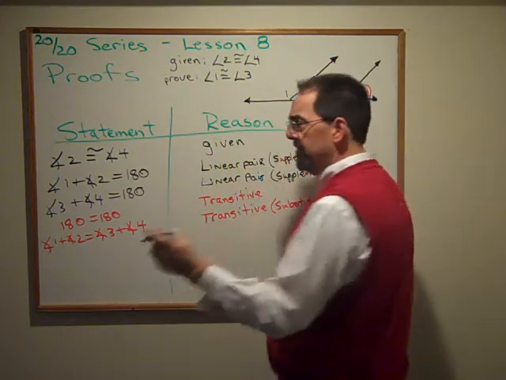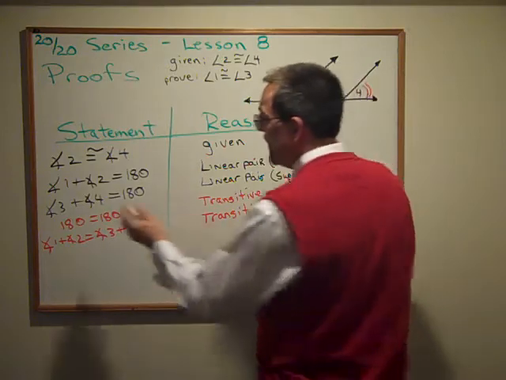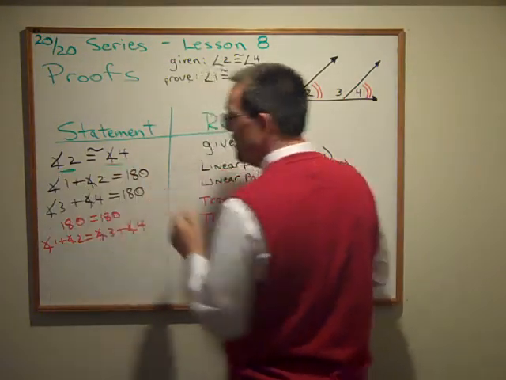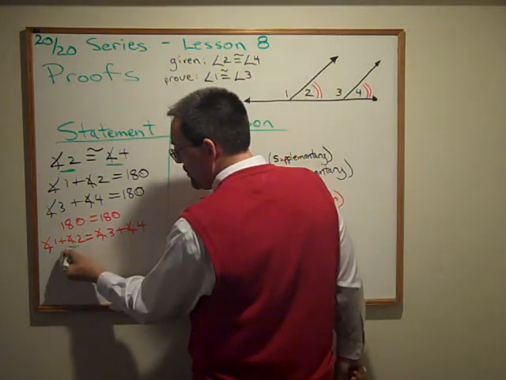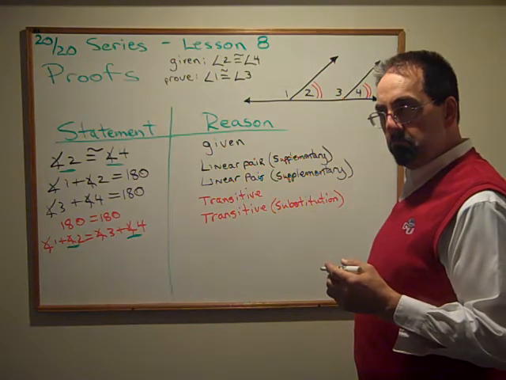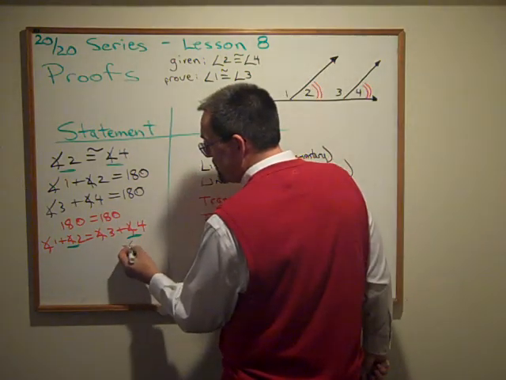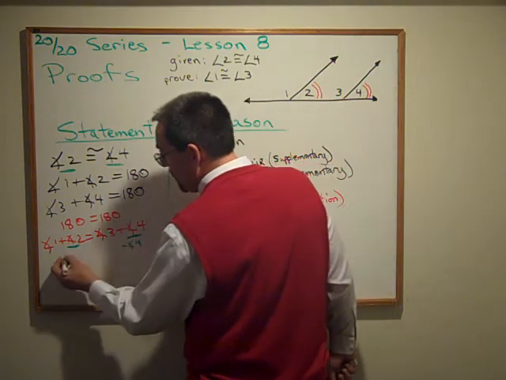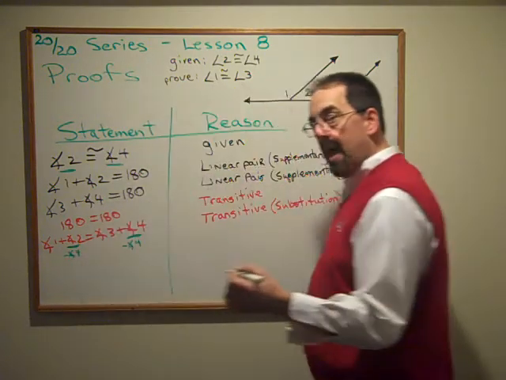Go back to our given. Our given showed angle 2 was congruent to angle 4. If that's true, I could actually subtract angle 4 from both sides, right? What happens?